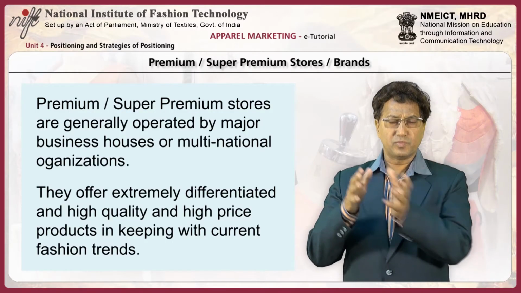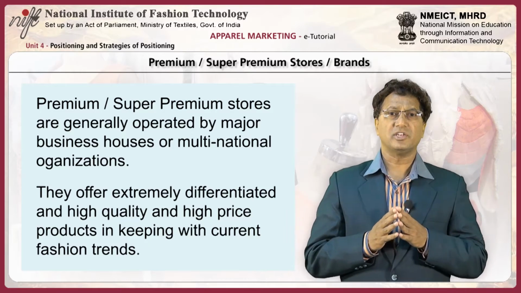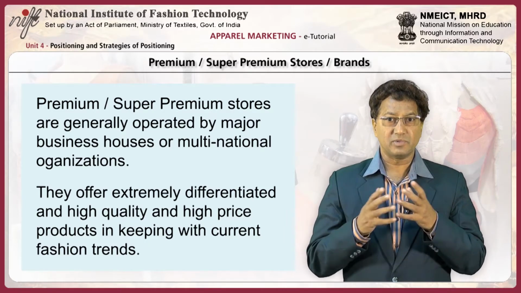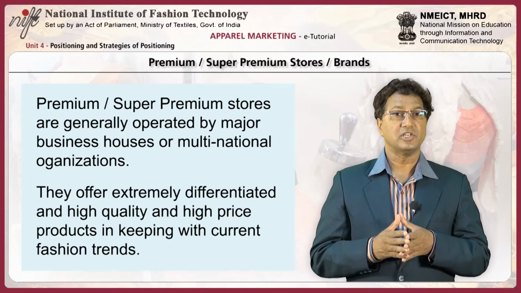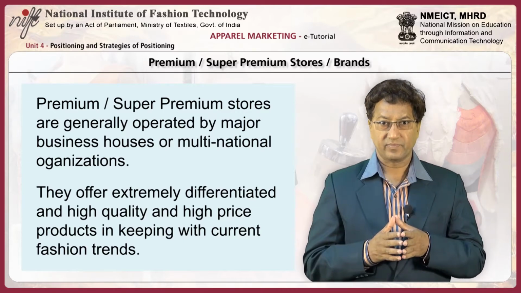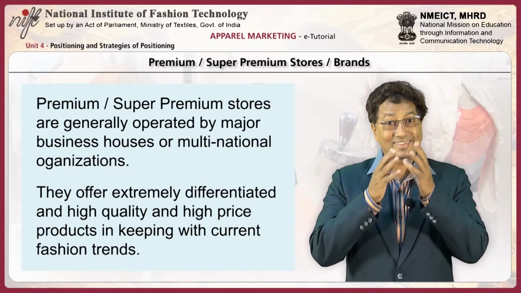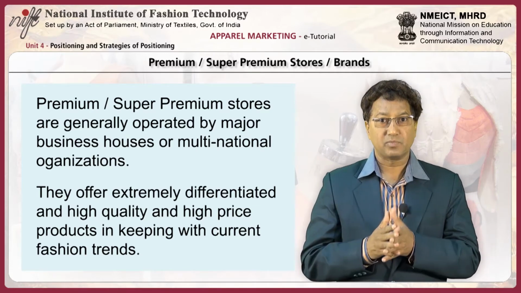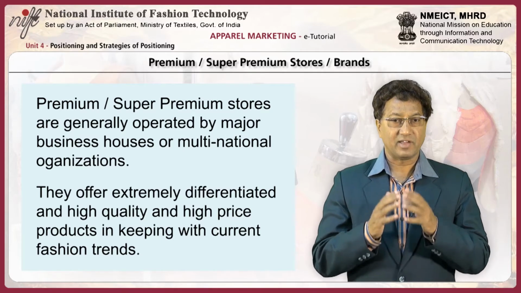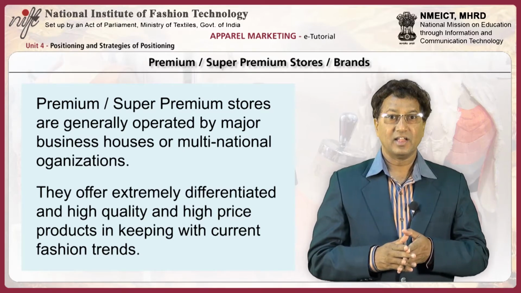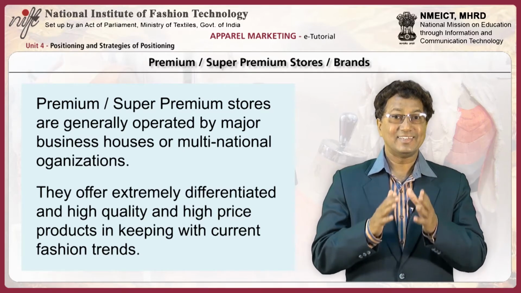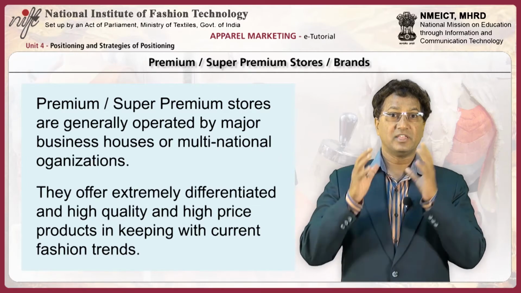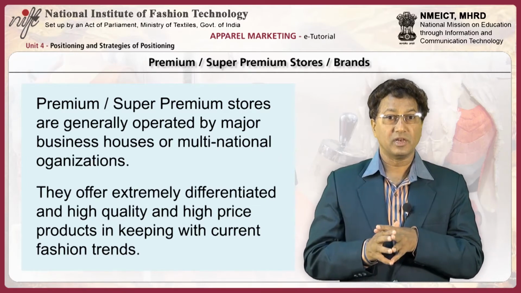The premium and super premium stores are generally operated by major business houses or multinational organizations. They offer extremely differentiated, high quality and high price products in keeping with current fashion trends. They target the SEC A customers with significant disposable income.